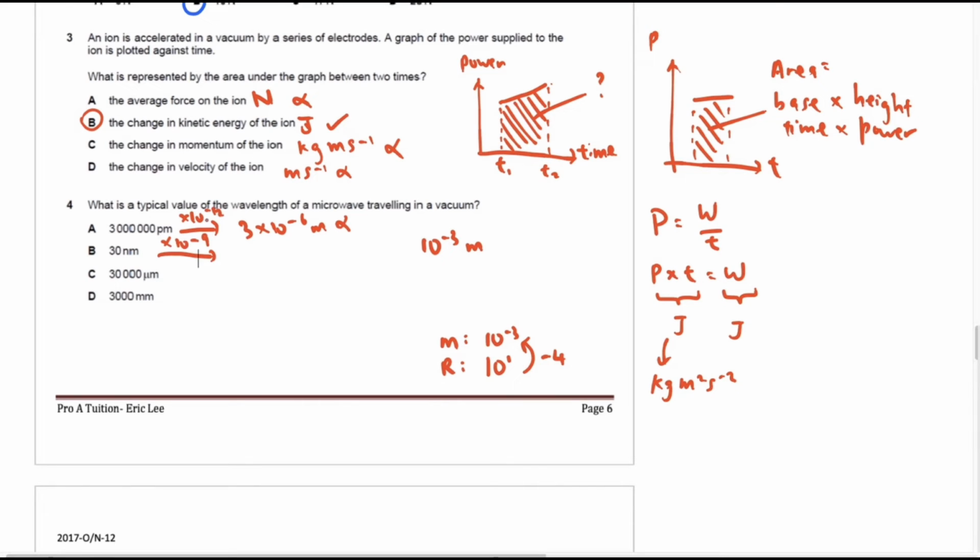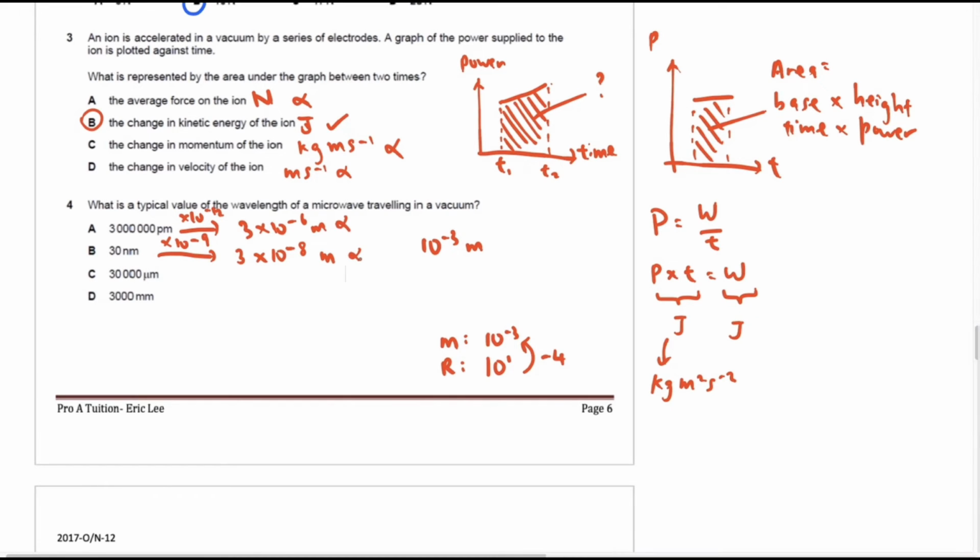Okay, so 30 times 10 power negative 9. So we get 3 times 10 negative 8, which is also wrong. Okay, so A and B are wrong.